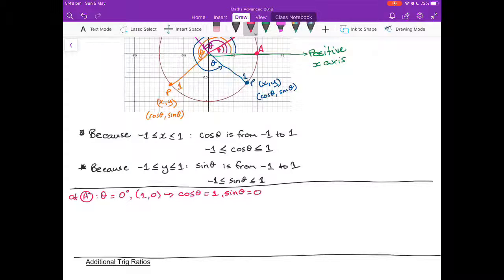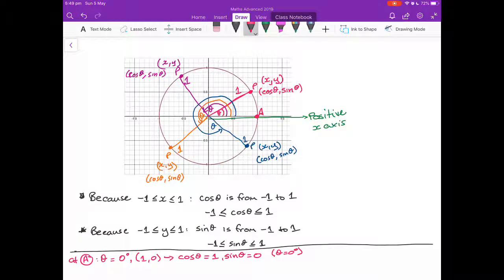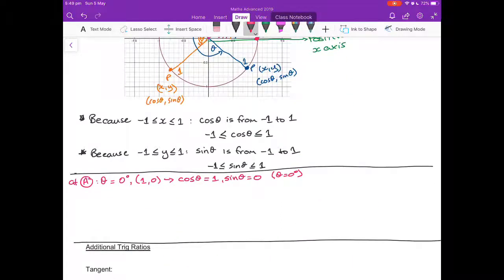All right, and that is for when theta equals 0. We go back up to our diagram up here, and if I put a point up here for B, so I've got 90 degrees around for B, so I can say at B, theta is now 90 degrees.